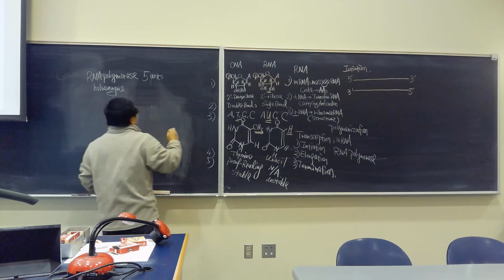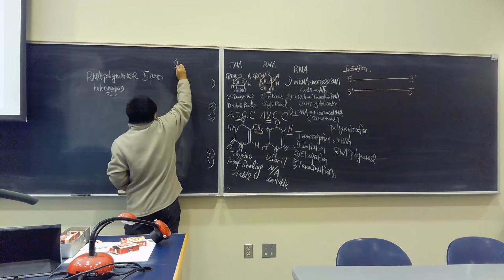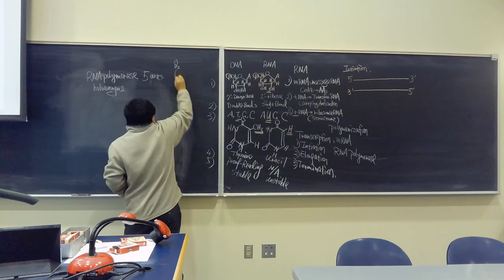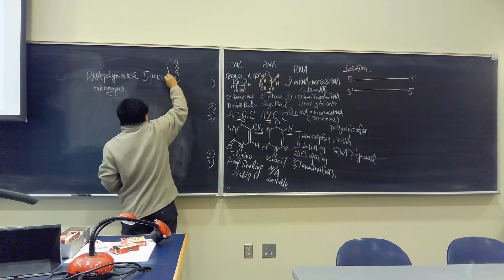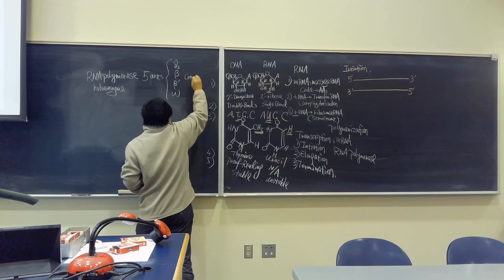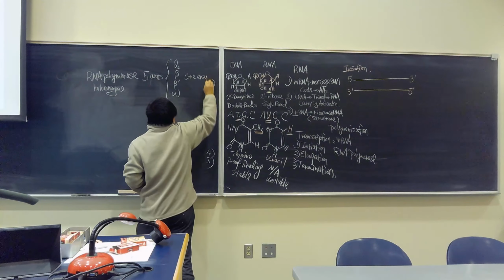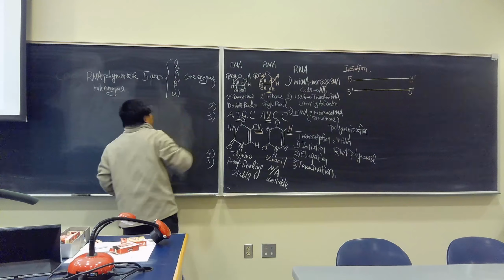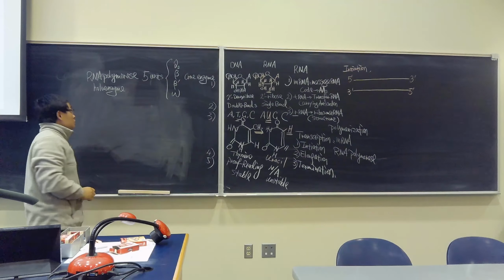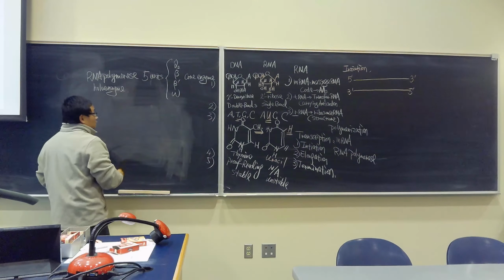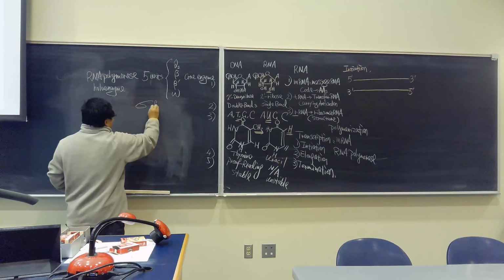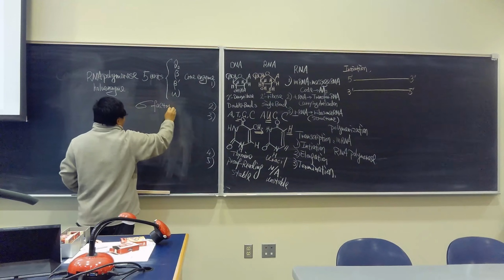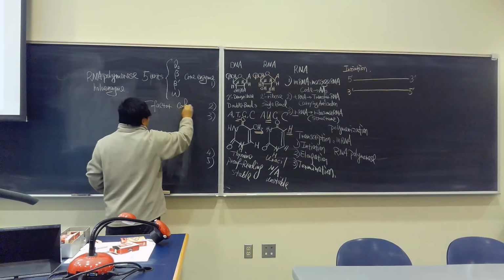What are the 5 units? 2 alpha units, beta, beta prime, and omega. This section we call the core enzyme. Since this is the protein part, we need a cofactor, which is the sigma factor. Sigma factor is a cofactor.